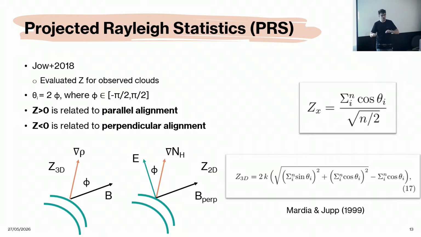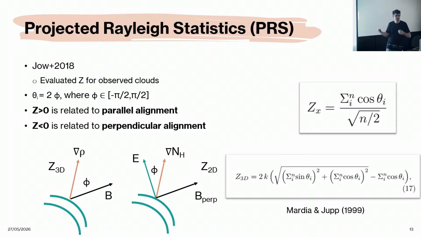The gradient will always be perpendicular to the iso-contour that we have, so we can use this characteristic to compare to the magnetic field. Or, for instance, in the case of the column density, this E here will be the polarization vector. Then we can do this sum over here on the right, and this will give us a number that, when it's above 0, will tell us that the structures are aligned to the field at that density, mostly aligned.